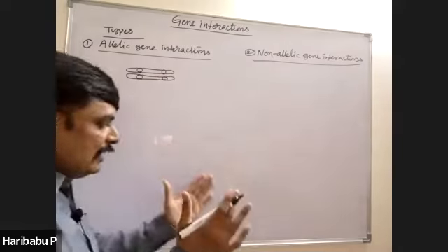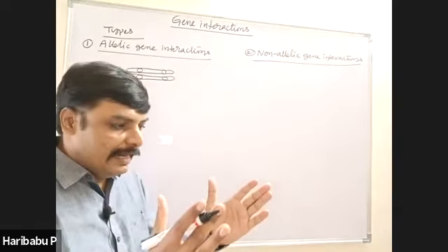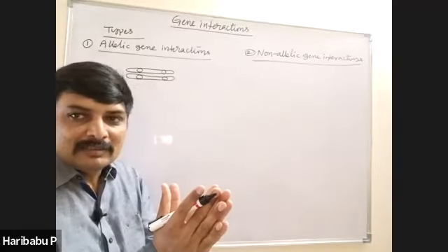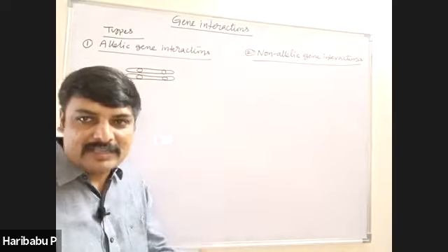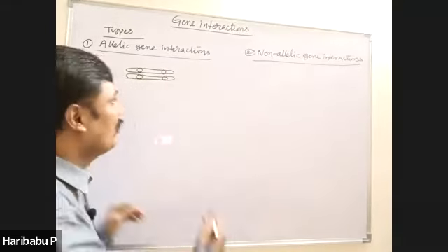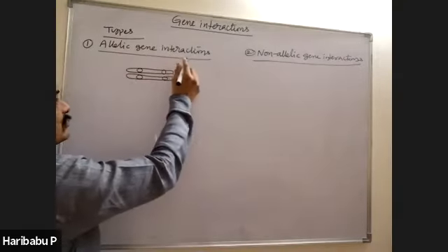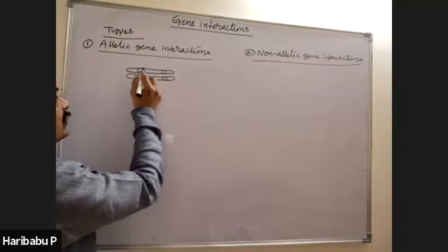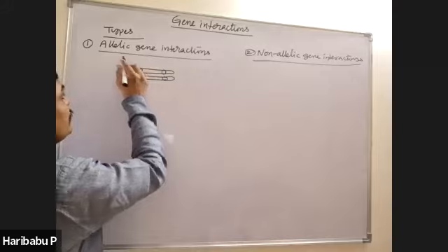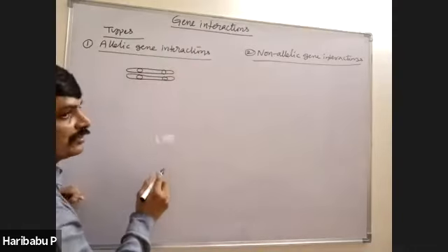When two alleles of the same locus interact with each other, such interactions are called allelic interactions. When interaction occurs at the same locus, it is called allelic gene interaction.